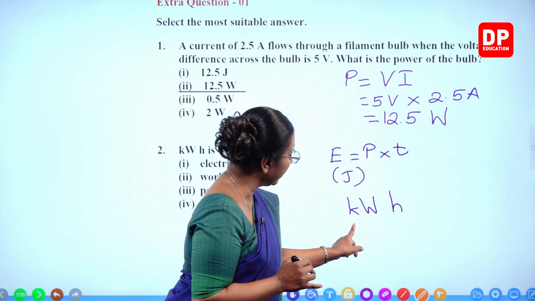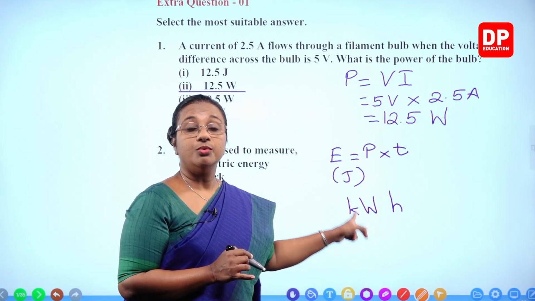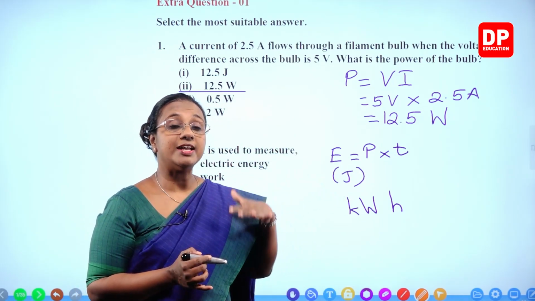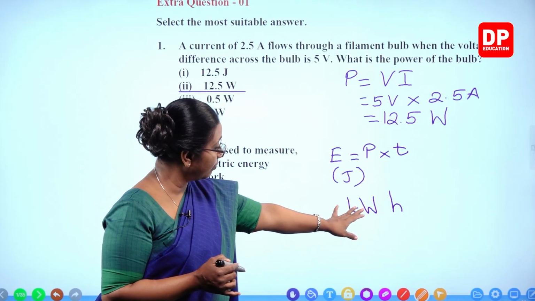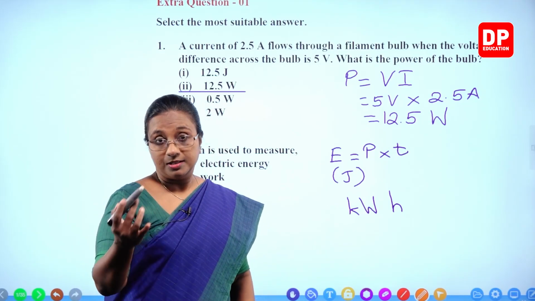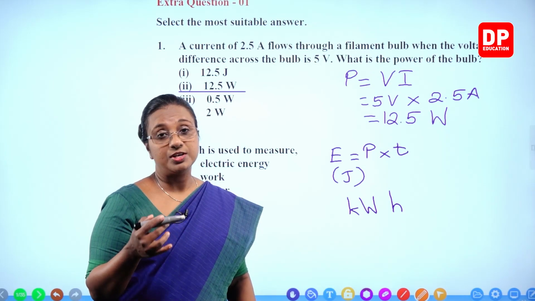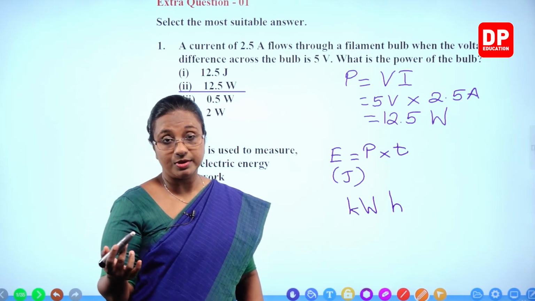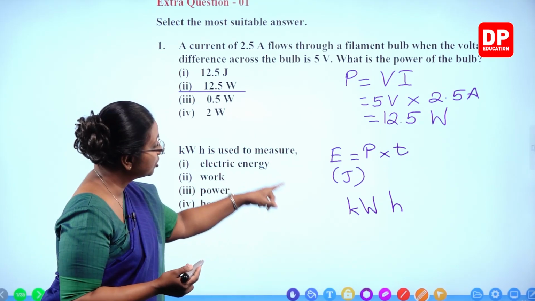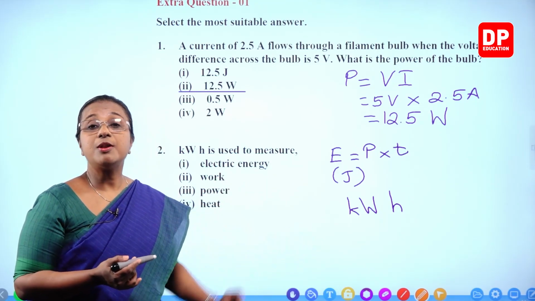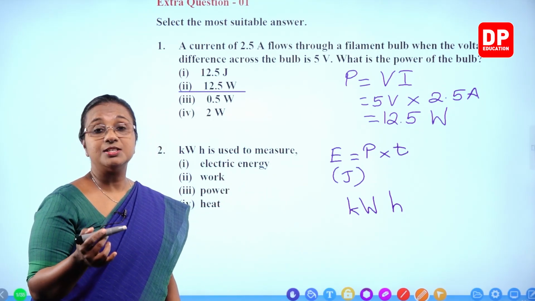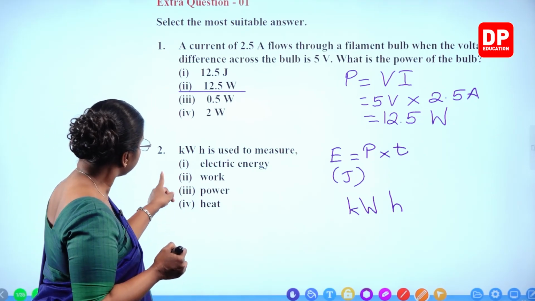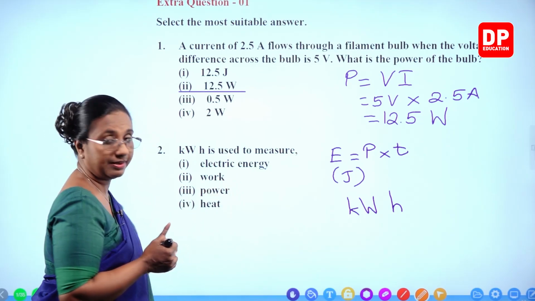When you have watts, you divide by 1000 to get kilowatts, and the time has to be in the unit hours. So kilowatt hours is used to measure the number of units of electric energy consumed by the consumer. The first answer, electric energy, is correct.